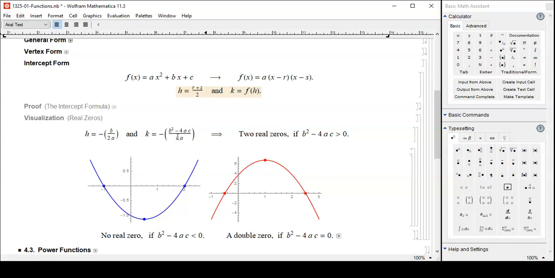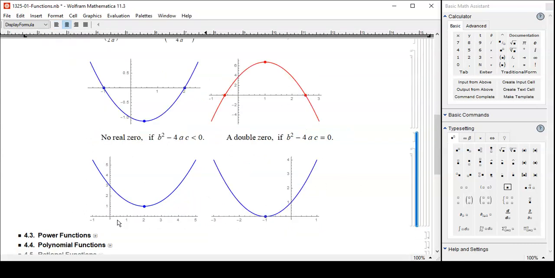Or when the denominator is negative, then over a positive like this, either way, they all correspond to b squared minus 4ac greater than or equal to 0, and that corresponds to the quadratic formula with plus or minus the square root of b squared minus 4ac. And as for the other case, if b squared minus 4ac is less than 0, then the square root does not make any sense, so no real root, and not coincidentally, we have no crossing.